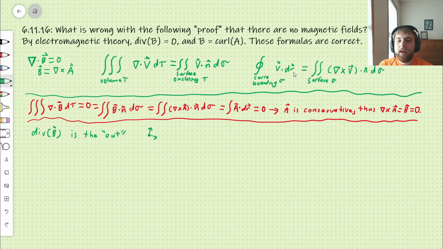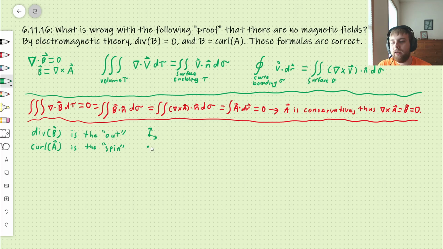Okay, and then this one over here is a little bit harder to visualize. The curl of a vector, which in this situation we're using A. The curl is the spin, kind of.